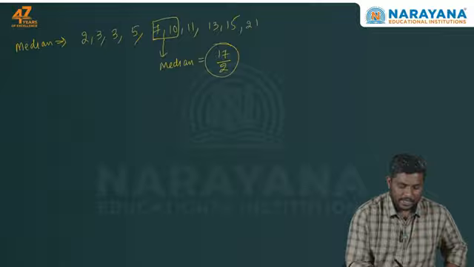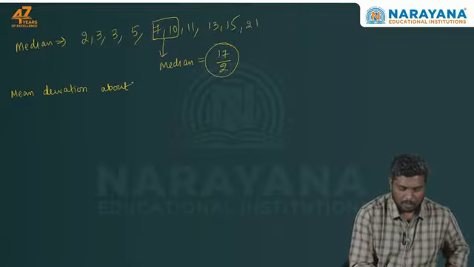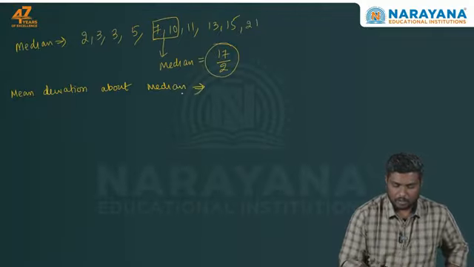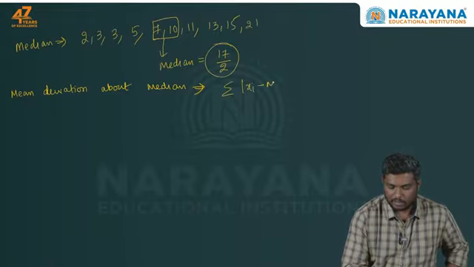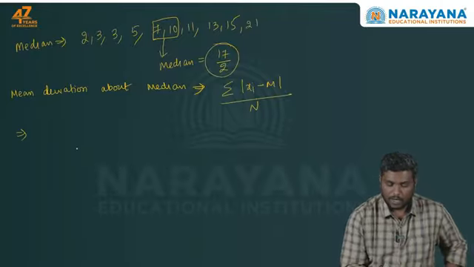Now what is the mean deviation formula? Mean deviation about median is sigma of mod xi minus M, divided by n.